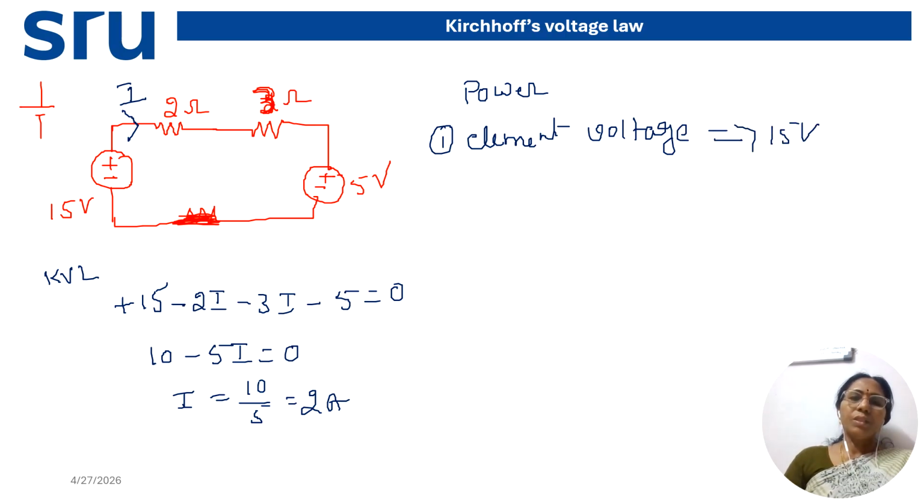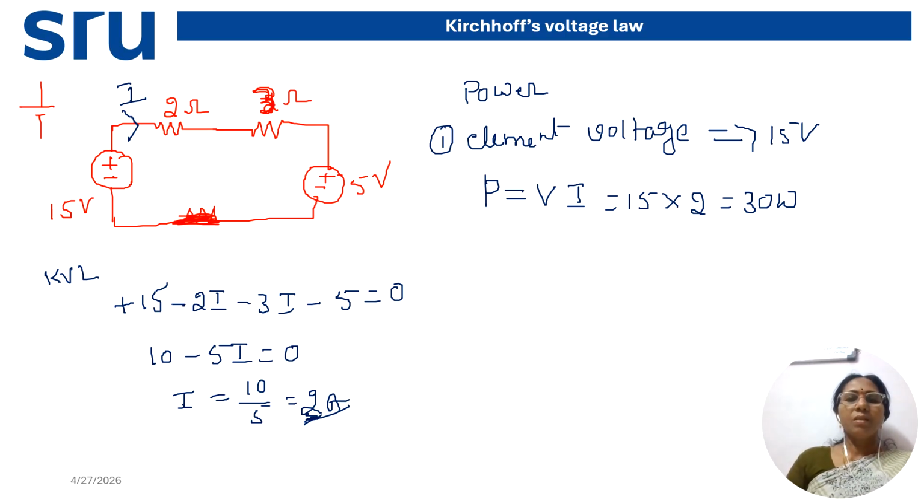So the voltage source magnitude we know, and the current is also a known parameter, so that's why here I am taking the power equation V into I. The magnitude of this voltage source is 15, and the magnitude of this current is 2 ampere. So how much is it? 30 watt. The power delivered by this voltage source is 30 watt.